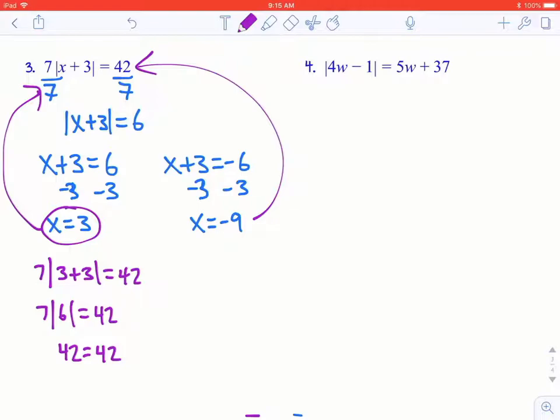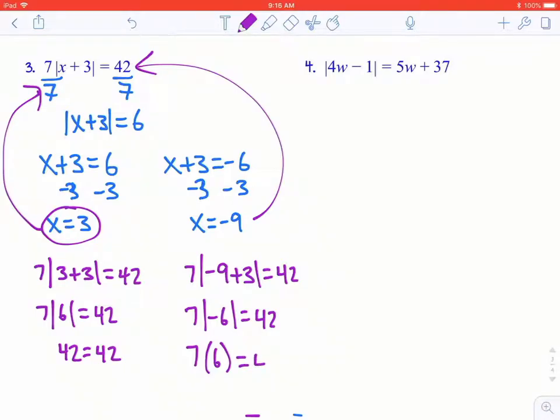So x equals 3. Then let's check negative 9. So 7 times the absolute value of negative 9 plus 3 equals 42 will give us 7 times the absolute value of negative 6 equals 42, which is 7 times 6, because the absolute value of negative 6 is positive 6. So that also is true. So this equation has two solutions.